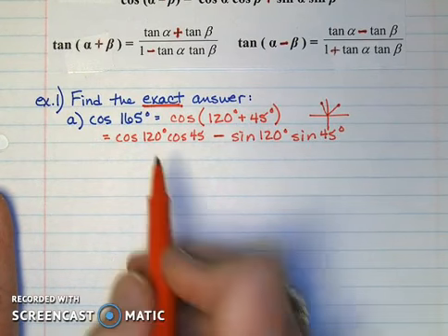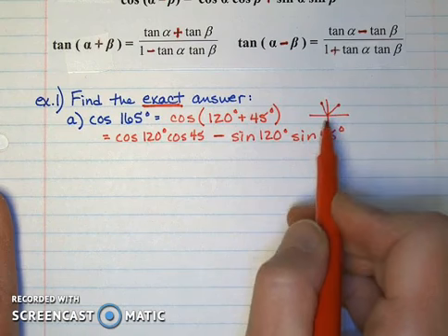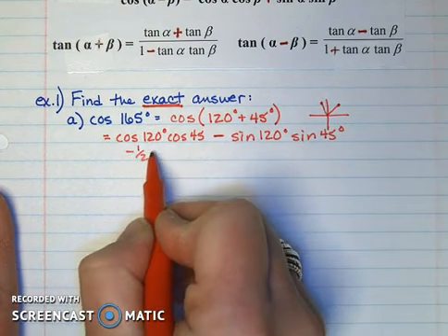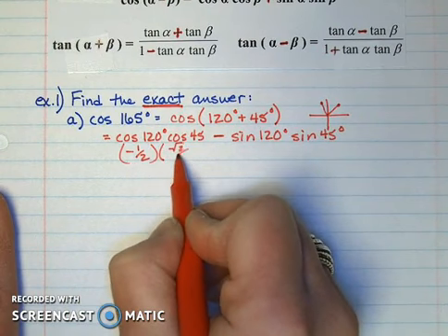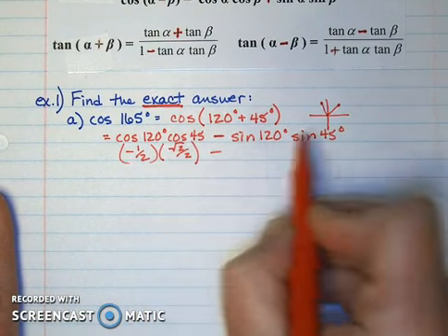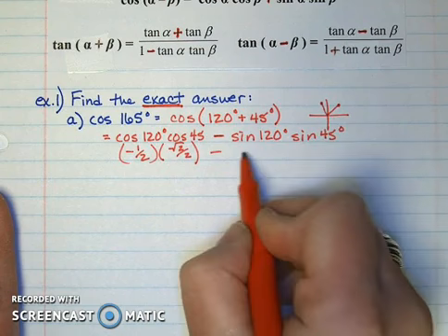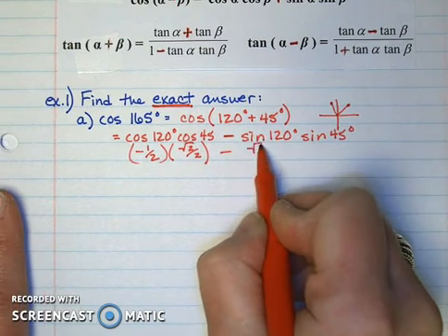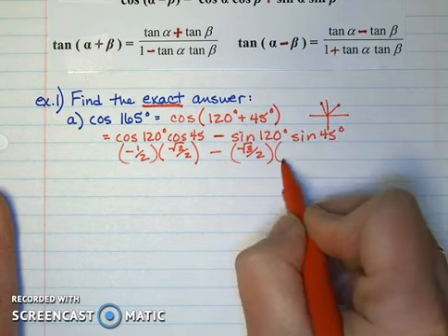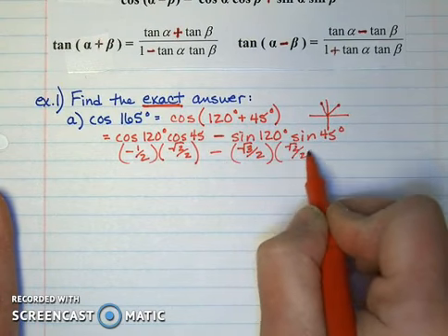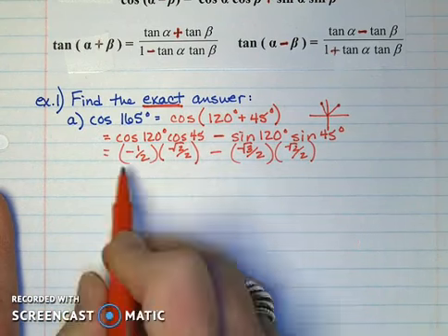The cosine at 120 is going to be negative 1/2. Cosine at 45 is obviously the square root of 2 over 2, minus the sine at 120, which is the square root of 3 over 2, and the sine at 45 is the square root of 2 over 2. Now it's just algebra.